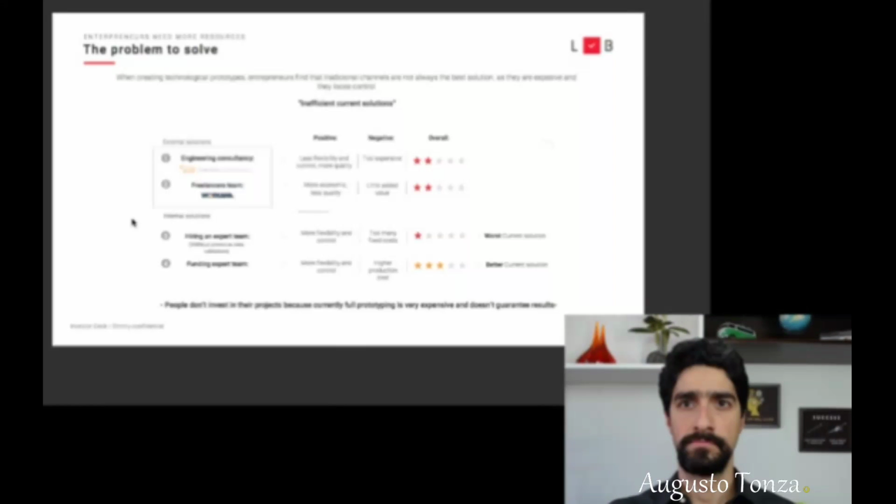So that's the problem that we want to solve with Last Basic. Anybody can come up with a smaller project, and there's a fixed price, very much cheaper, 20 times cheaper than any traditional consultancy, and we can do it in almost 1 month. So we're very quick in that sense.